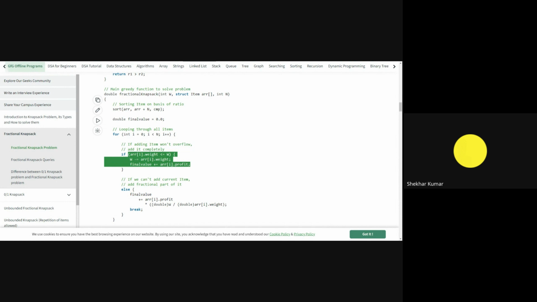Can anyone tell me the best complexity for sorting in decreasing order, since every time it takes the maximum profit? That should be n log n, because if you use merge sort in the divide and conquer approach, it is n log n.